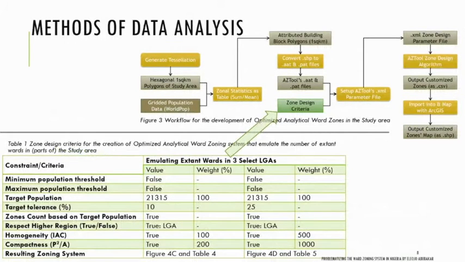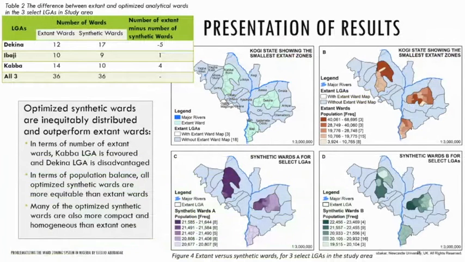So to expand on that, what I try to do is look at the number of existing zones to start with. And so for the 3 local government areas considered, we'll have, I think, 36 zones, which is what you have here.